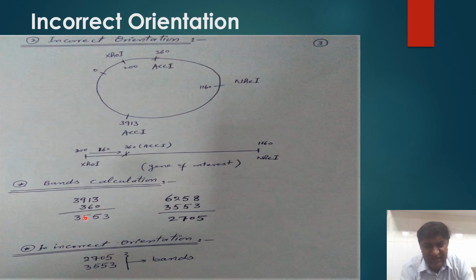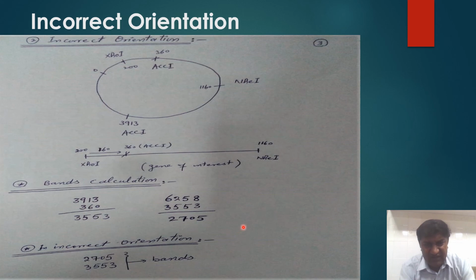You subtract it, you get this value 3553. This value you need to subtract from the total plasmid length 6258. You subtract 3553, so the other band length is 2705. So in case of the incorrect orientation, you get 2705, and the other band is 3553.